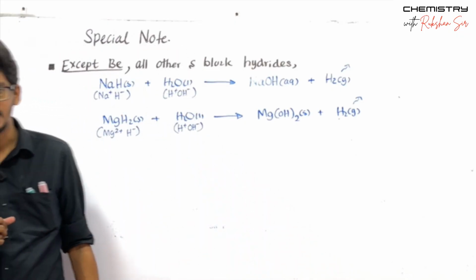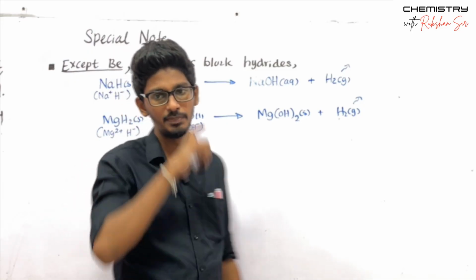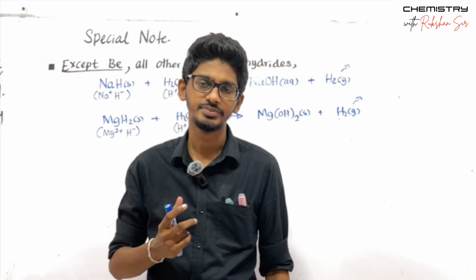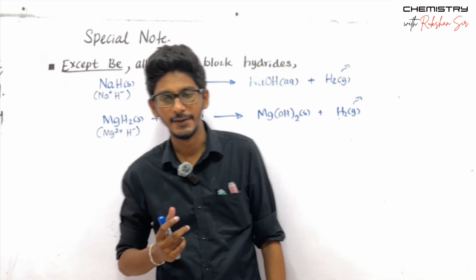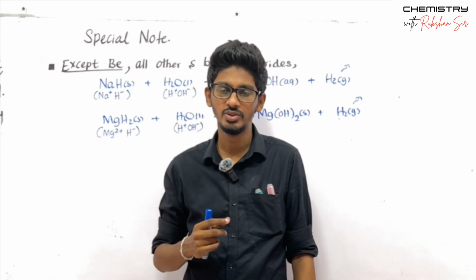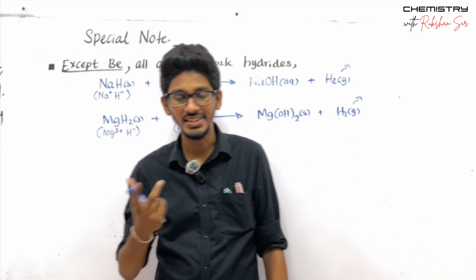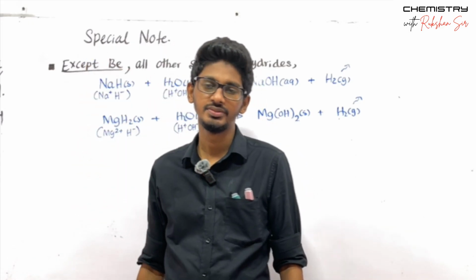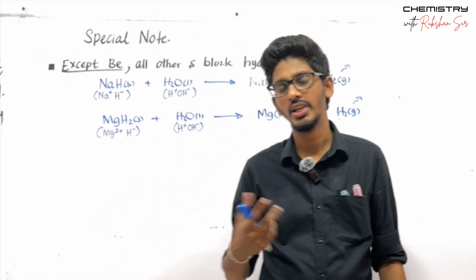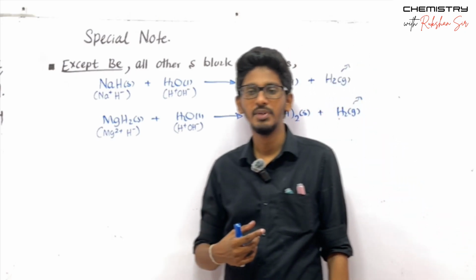You remember who are the guys which are able to form the peroxides? Sodium is able to produce a peroxide, and potassium, rubidium, cesium, as well as from the group 2, barium, the bottom element, the most reactive one, is also capable of producing peroxides.